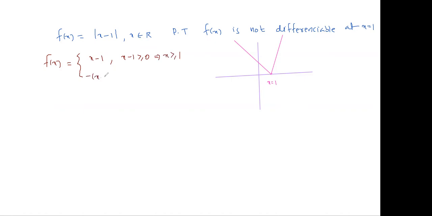Minus of x minus 1 if x minus 1 is less than 0, that means x is less than 1. So your function is f of x equals x minus 1 if x is greater than or equal to 1, minus of x minus 1 if x is less than 1.